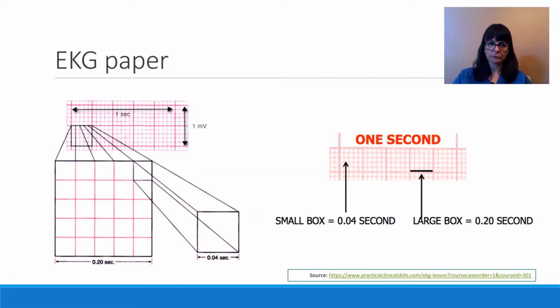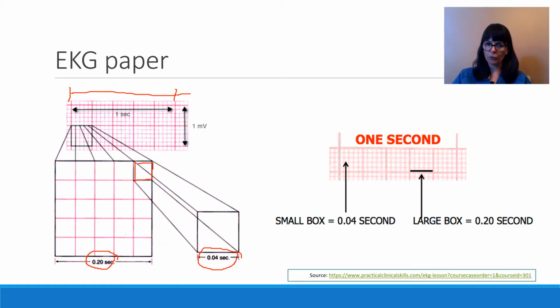Again, we have 5 of these boxes representing 1 second, where one of these larger boxes is 0.20 seconds. And then if we cut out one of the small boxes, one slice here, this will be 1/5 of the 0.2 seconds, which is 0.04 seconds.